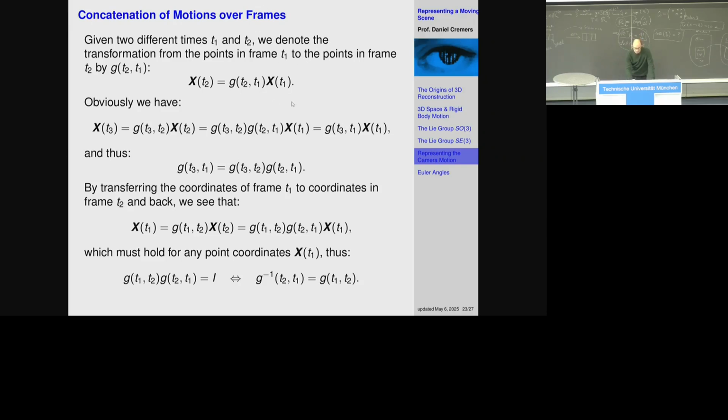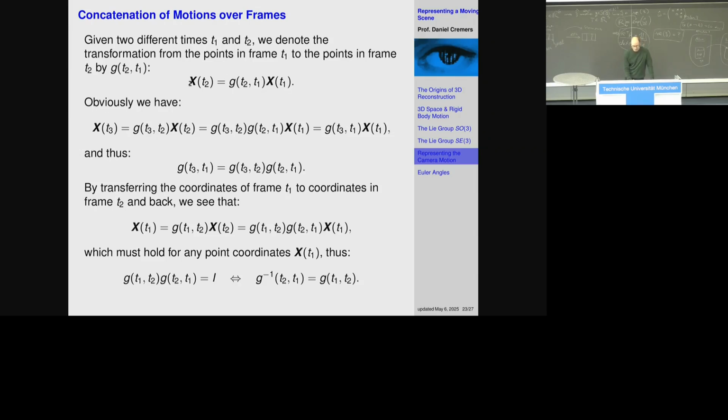And if I want to know what are the coordinates of a point in camera 2 that had certain coordinates in camera 1, let's say the point's coordinates in camera 1 are x of t1, and I want to know at time t2 what are the coordinates if the camera moved, then it did a motion between time 1 and time 2. I call it g t2 t1, the camera motion between frame 1 and frame 2, and then they differ by this rigid body motion.